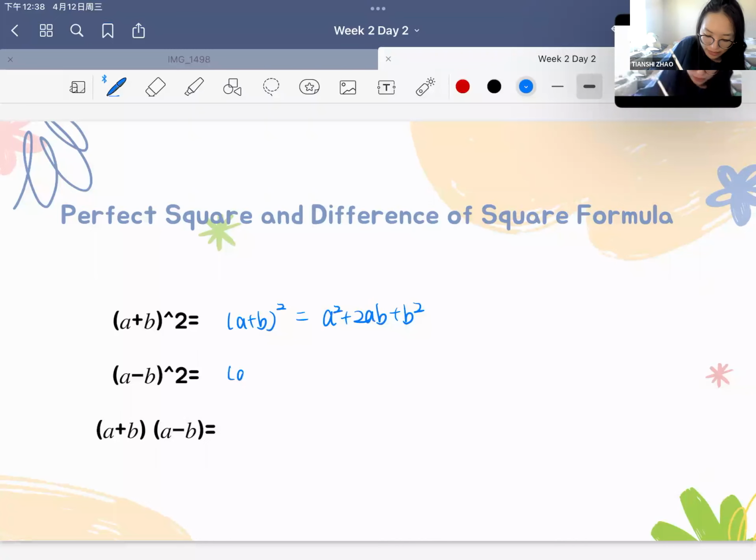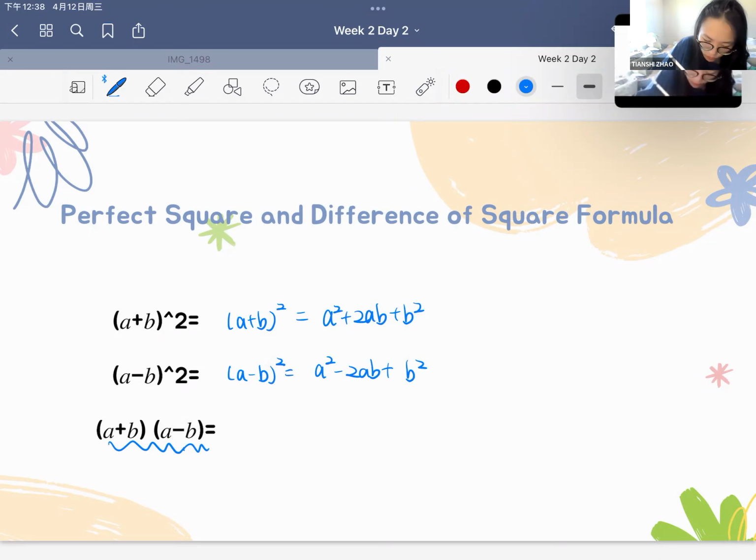And similarly, (a minus b) squared equals a squared minus 2ab plus b squared. And the third one is called the difference of squares formula. Let's find the answer for this calculation: (a plus b) times (a minus b).